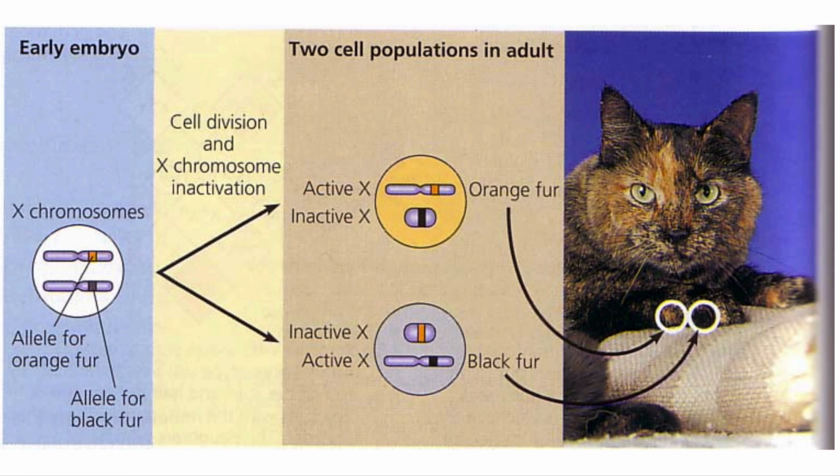So if you have a heterozygous female cat who has a black allele and an orange allele for fur color, what actually happens is there's random inactivation of one of the X chromosomes while the embryo is developing, and that leads to these patches of orange and black fur all over the body because only one of those 2 alleles is being expressed.